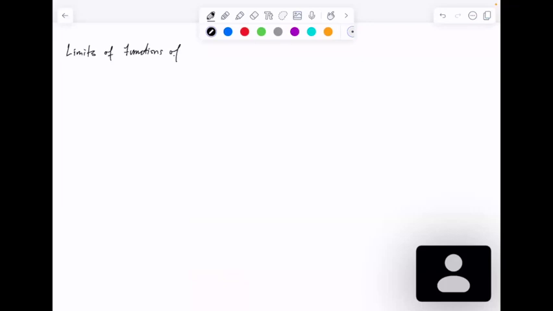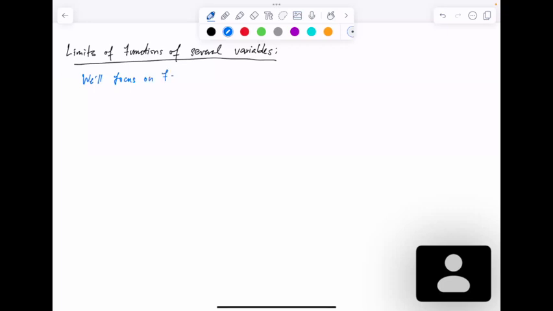So, limits of functions of several variables. We'll focus on functions of two variables in this class and tests, but these ideas hold for functions of three variables and higher.